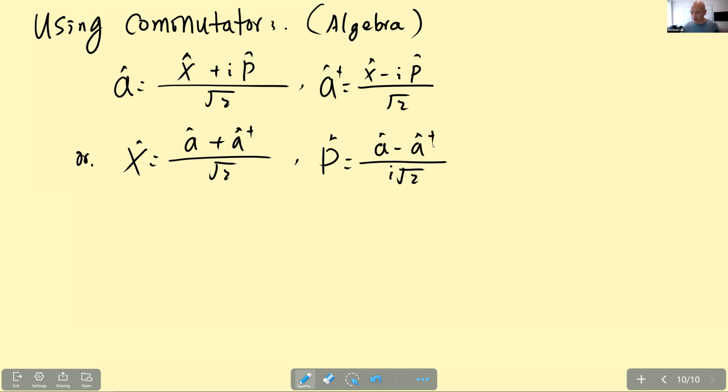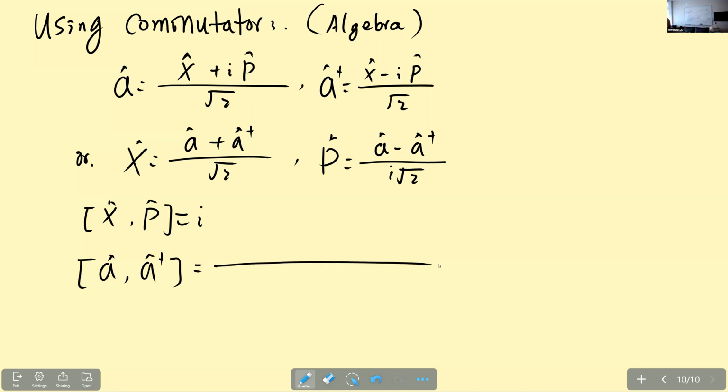And the commutators, we know that this one is i, right? So now you can calculate this operator. This one actually equals a square root of 2 times square root of 2, right? And you have x plus iP and x minus iP.